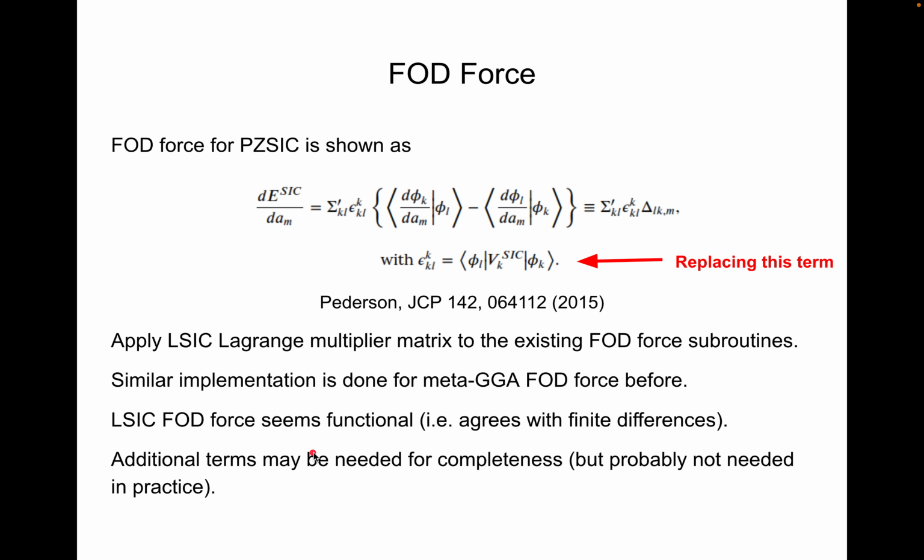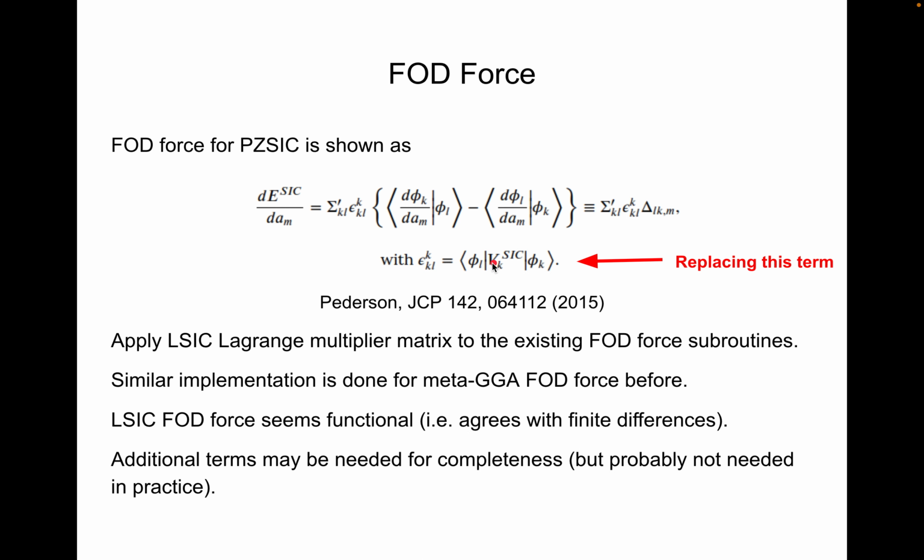In the original article about the FOD forces, you can express the FOD force for the PGSIC calculation like this. What is important here is that you can express this force in terms of the SIC matrix.